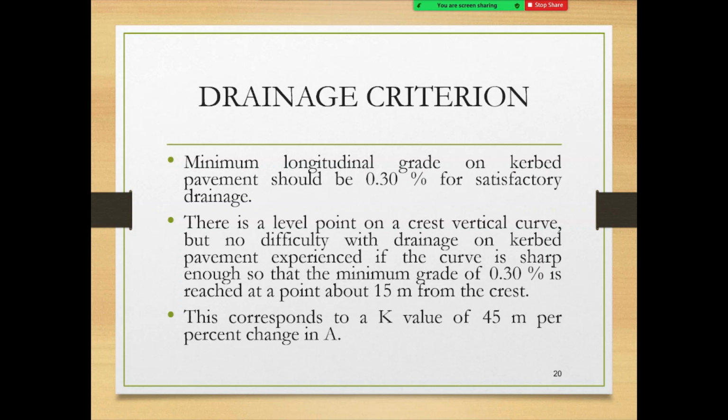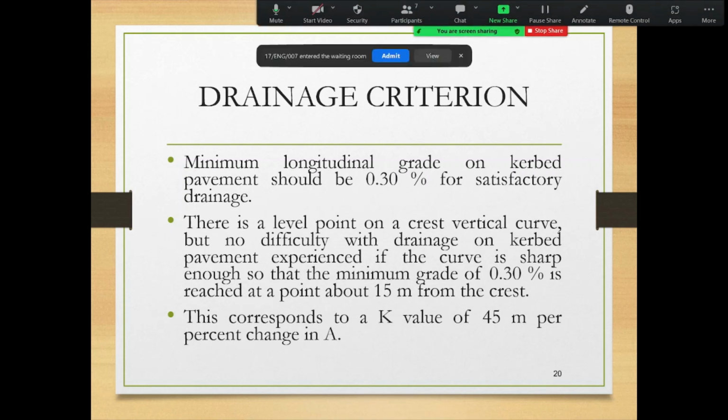Then the drainage criterion: minimum longitudinal grade on curved pavement should be 0.3% for satisfactory drainage. So your road gradient should be 0.3% minimum. Don't go for 0.2 or 0.1, because there will be water accumulation. And then what will happen?